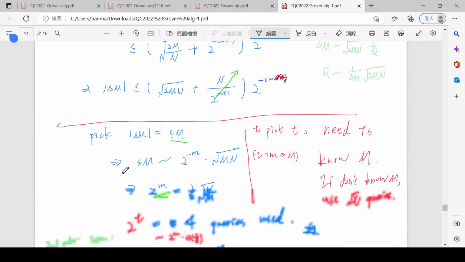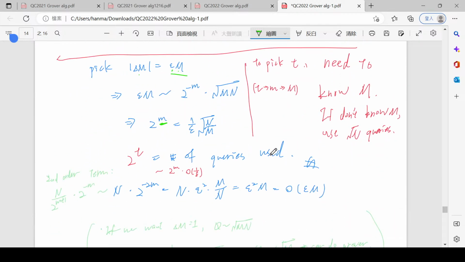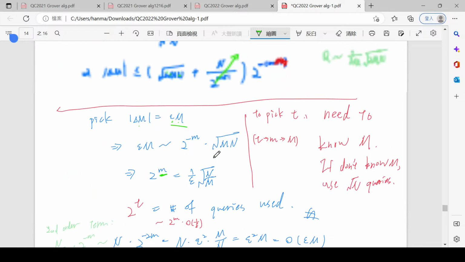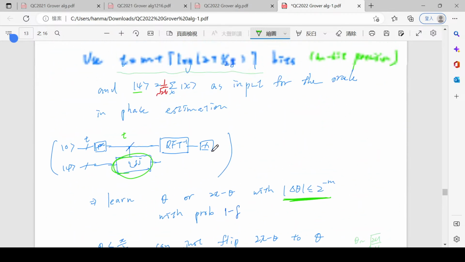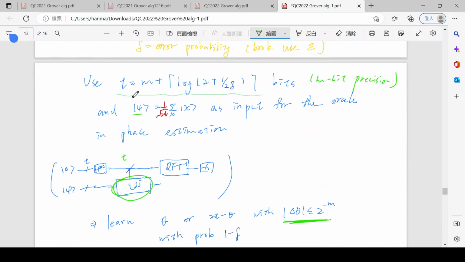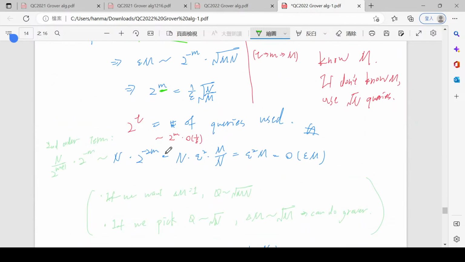So what's 2 to the t? 2 to the t is the number of queries, and t is this thing, right? So 2 to the t is about 2 to the m times this. But you have a log here, so it's about 1 over delta. So 2 to the t is about 2 to the m times order 1 over delta.